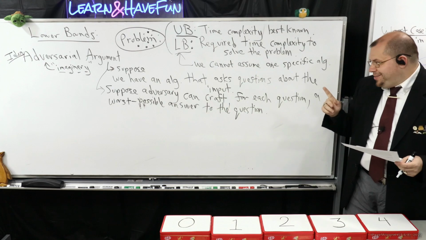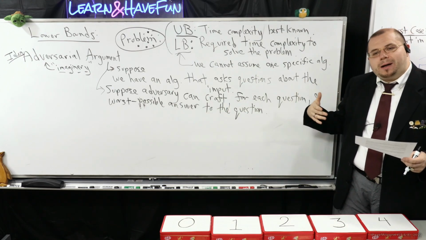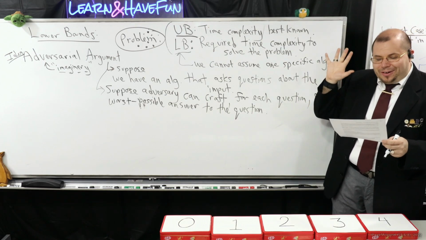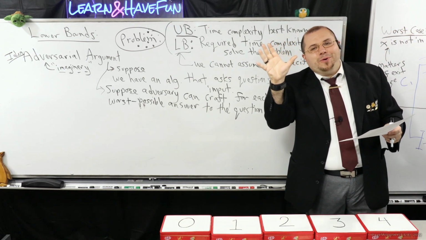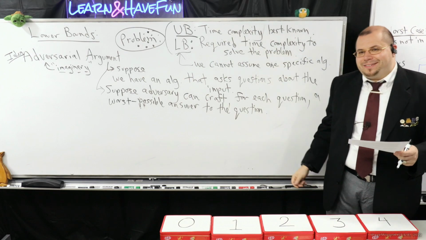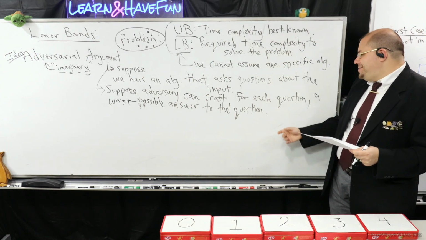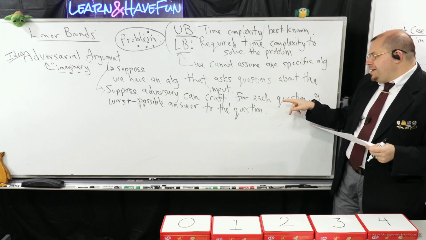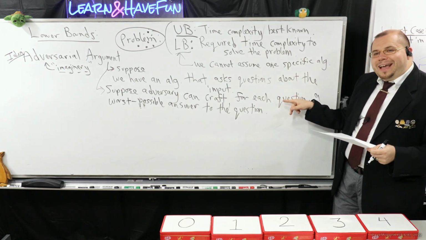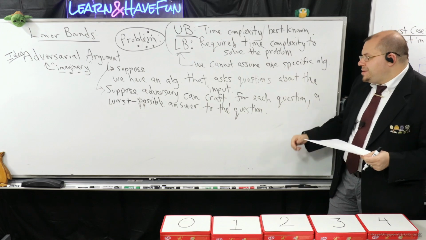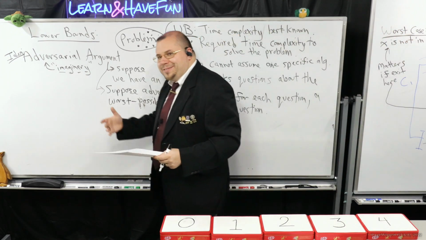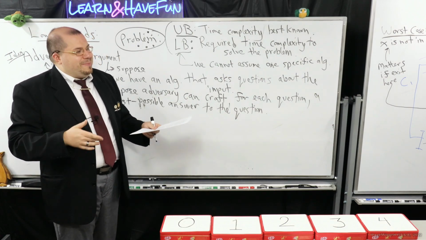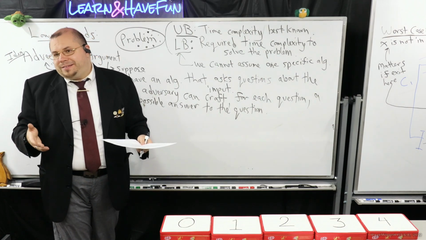But here's the catch, though. The adversary can't just make up anything. The answers have to make it so that it's at least going to give you one input, i.e. problem instance of your given problem. So it's going to craft an instance. It's going to make one out of these guesses. But it has to be consistent with one problem instance at least. So you can't just make up something that the algorithm would never be attempting to solve, right?